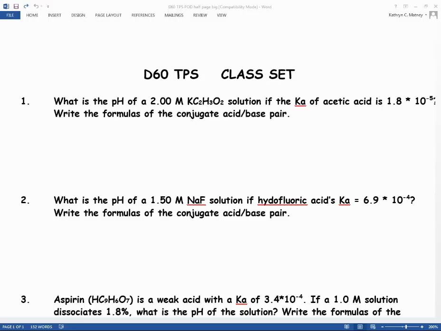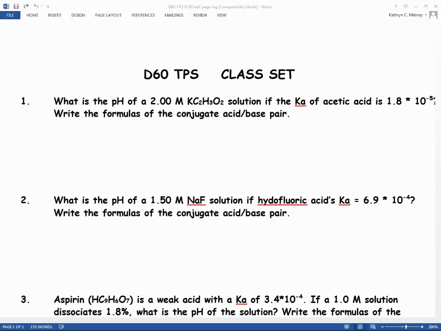See, if you have a base and you minus log that OH and immediately call it pH, you should stop and say, wait a minute. Bases do not have pHs less than 7. I did something, right? You got to always be thinking, because I threw everything at you with this number one that I could to trip you up. Why?